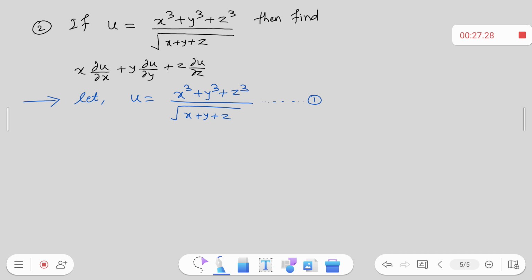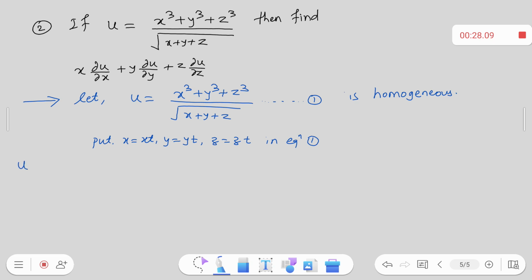So we find the degree by using the substitution x equal to xt, y equal to yt and z equal to zt. Initially u is homogeneous. Why is it homogeneous? Since it is given in algebraic form of the variables x, y, z. Now put x equal to xt, y equal to yt and z equal to zt in equation 1.